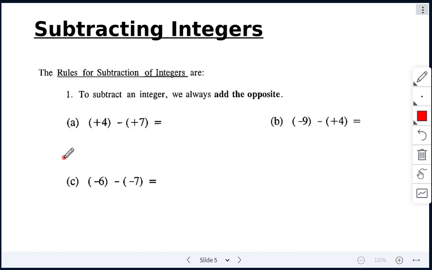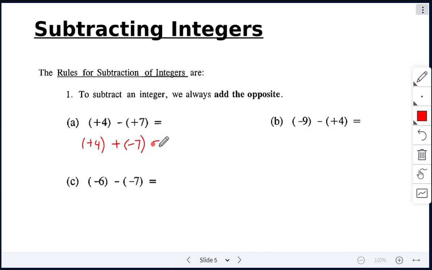When we're subtracting integers, there's only the one rule. If you're subtracting an integer, you add the opposite. So we're going to rewrite this: for positive 4, we're going to change this subtraction to adding, and we're going to change this positive 7 to negative 7.